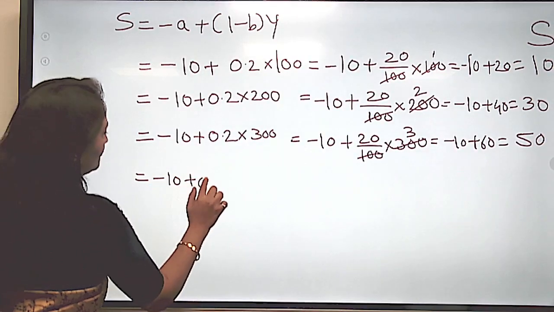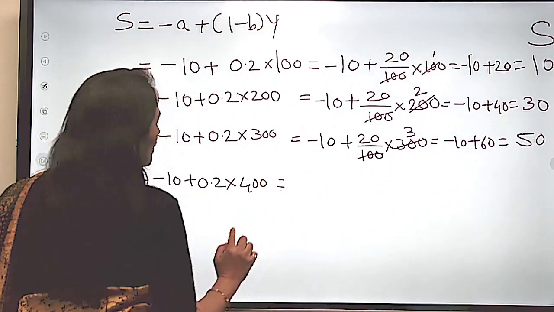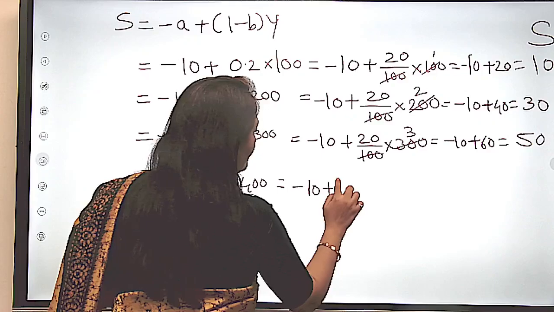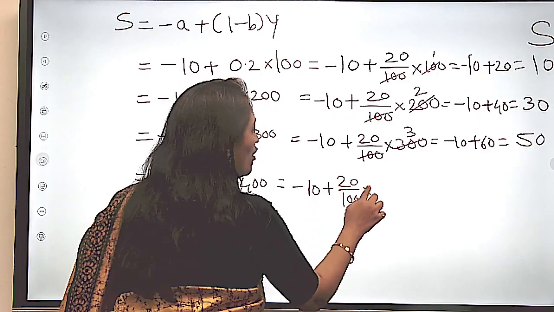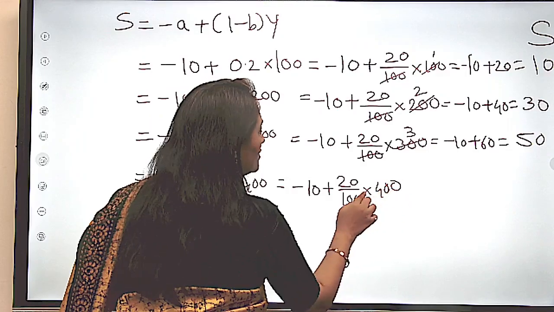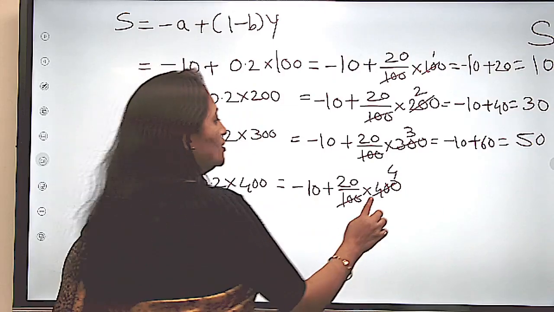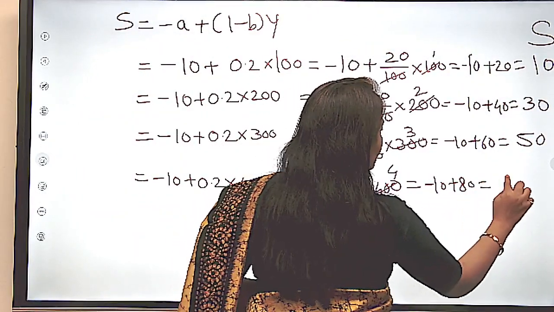I am doing it for one more value, 400. 20% of 400 is what you have as induced savings. 100 fours are 400, 20 into 4 is 80. So minus 10 plus 80, you get the answer 70.